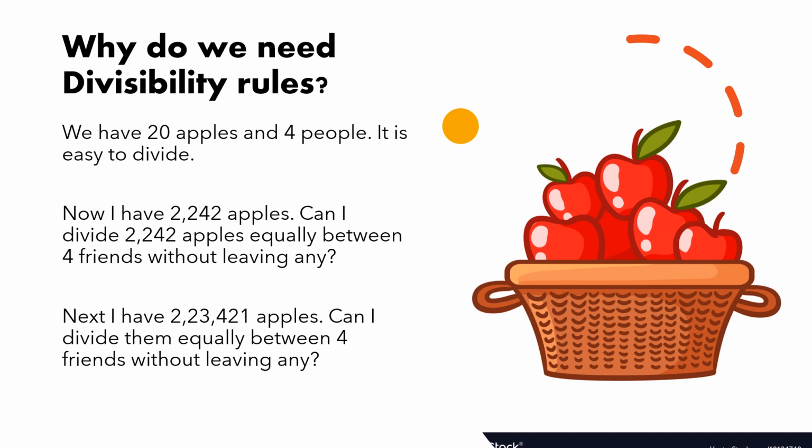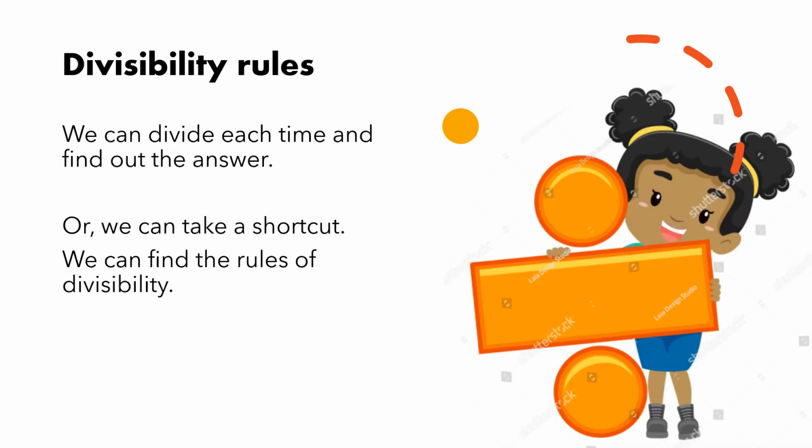Next, if I have 2,23,421 apples, can I divide them equally between 4 friends without leaving any? It's a big number, isn't it? So we can divide the numbers each time and find out the answer.